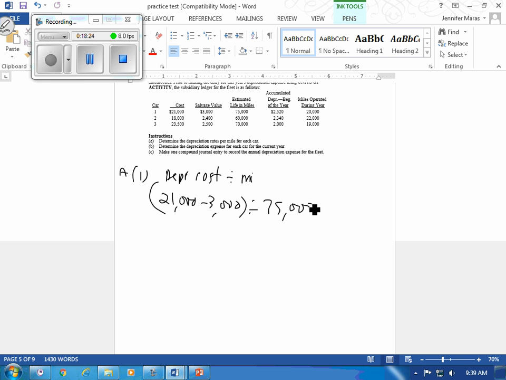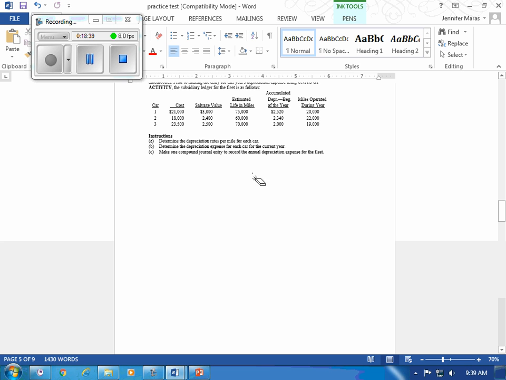Okay. You then take the answers from part A and use them for part B. Here we go. So in part B, I'll just still do car 1.